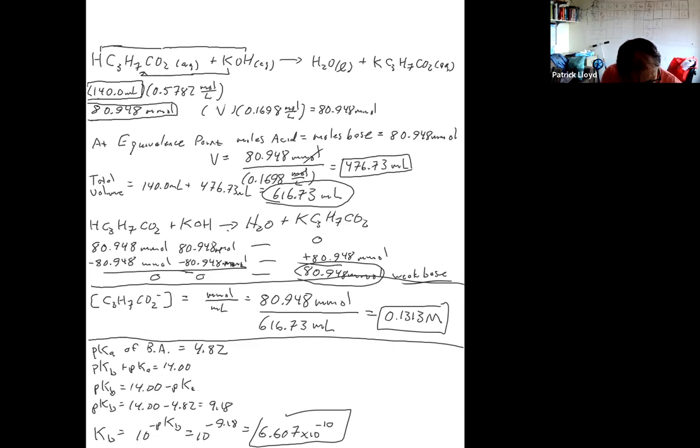Because if we want to calculate the pH of the weak base like we did in chapter 16, we need those two numbers. Okay. So let's go ahead and bring up C3H7CO2 minus. I'm writing the equation down again, just so that we can do our little calculation.